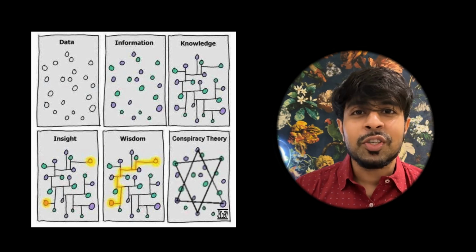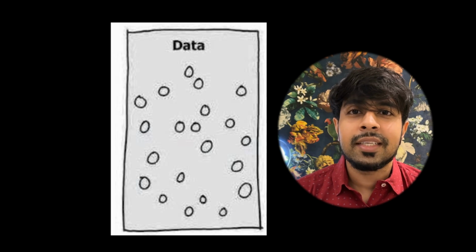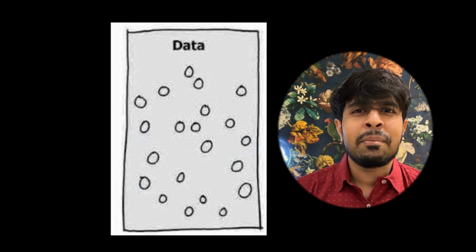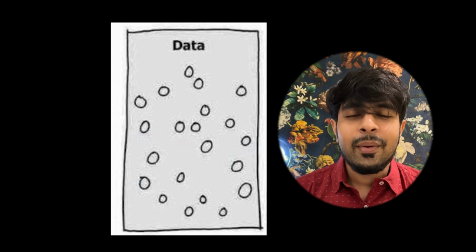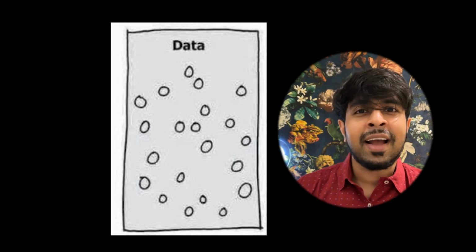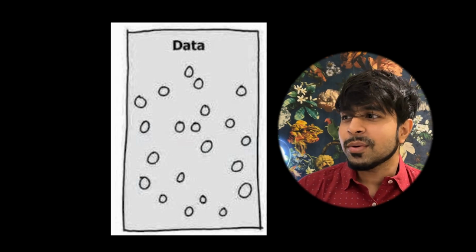Data is a bunch of random dots, a bunch of unrelated dots that you collect in the world. They are like pebbles on a beach. You shouldn't be married to any pebble. You can pick one, you can throw it, and you can pick another pebble. So that's data, just factoids pushed on you as you live through life.